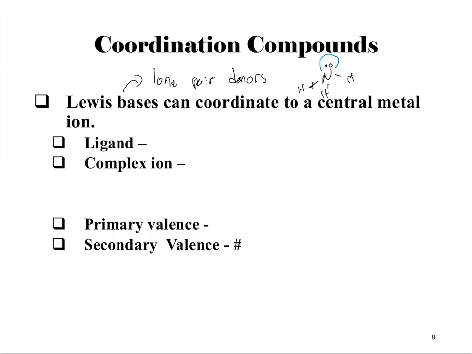And so I've been using the term ligand, but basically what a ligand is, it's a lone pair donor to a central metal cation. So that's just how we define it. They don't form a sigma or a pi bond that we're used to. They form these coordination type bonds to the d orbitals of these atoms.